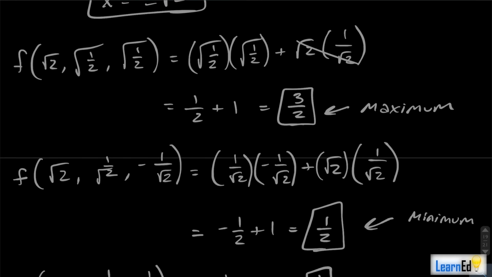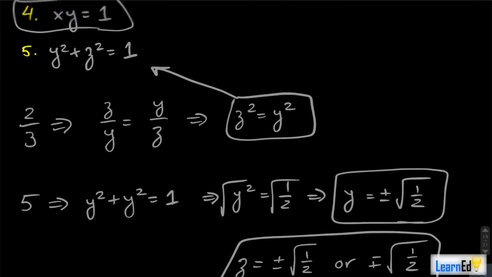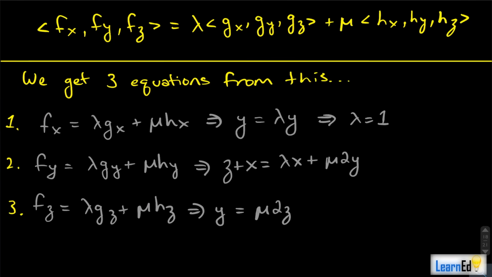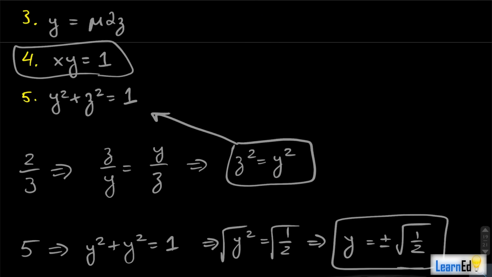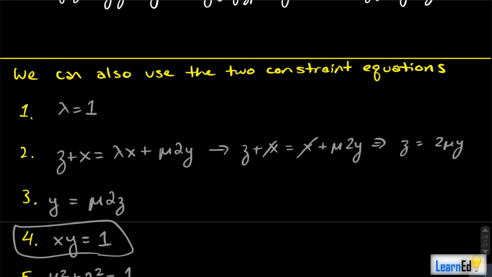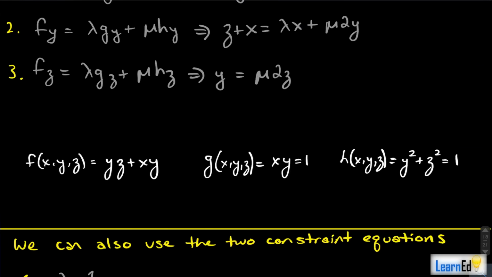So we found that w is 3/2 and w is 1/2. That's its max and the min. Okay, so that's the whole idea of Lagrange multipliers. So it starts off with algebra, and it starts off with a little bit of partial derivatives, and it ends with some algebra, and that's really it. Okay, so really lengthy, but honestly not the hardest thing in the world.